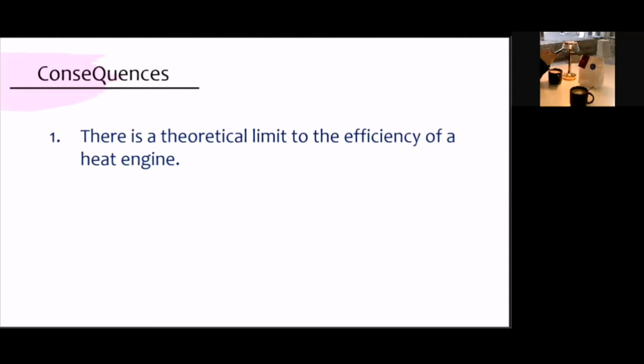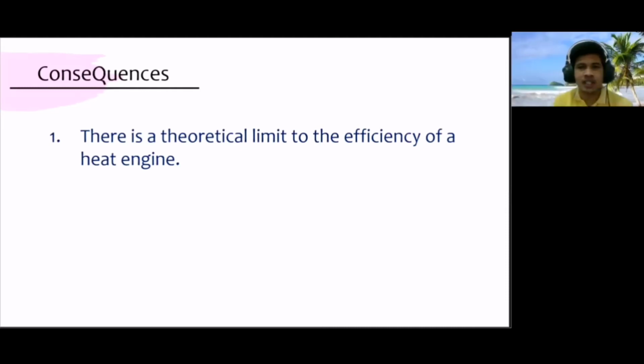There is a theoretical limit to the efficiency of a heat engine. All right, that is correct. There is a limit to the efficiency of a heat engine. In other words, the efficiency is not always 100%. The output is not always 100%.